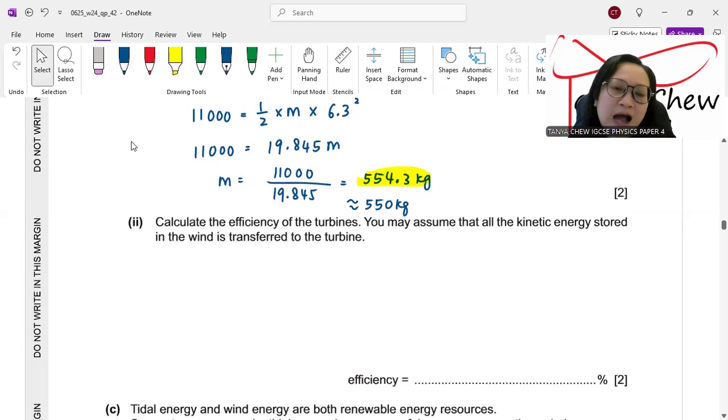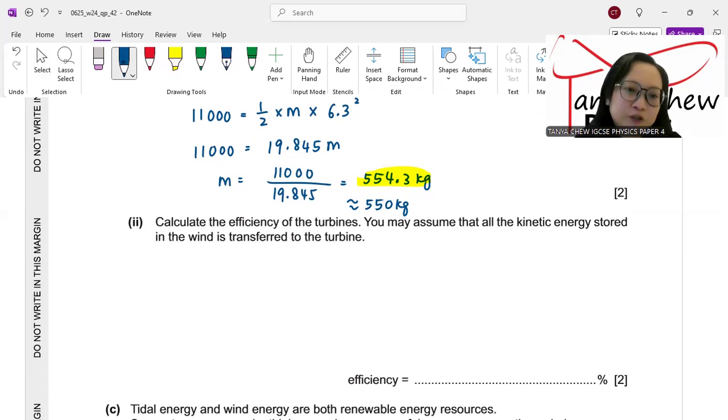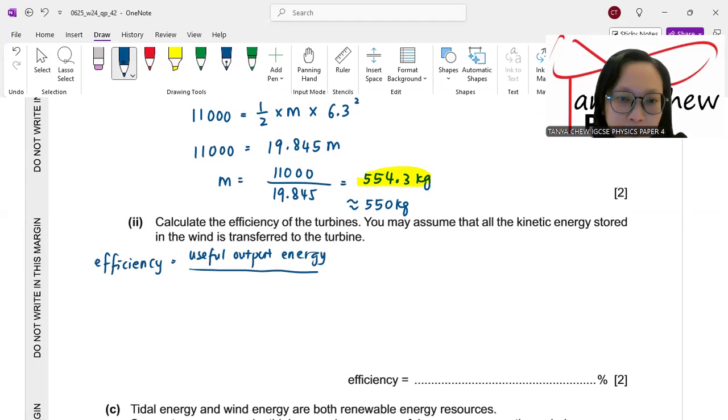Now, the second part, calculate the efficiency of the turbines. You may assume that all the kinetic energy stored in the wind is transferred to the turbine. Now, efficiency, if you remember, since the energy is being given, I will put useful output energy divided by input energy multiplied by 100% because you look at the unit given, that is percent over there.